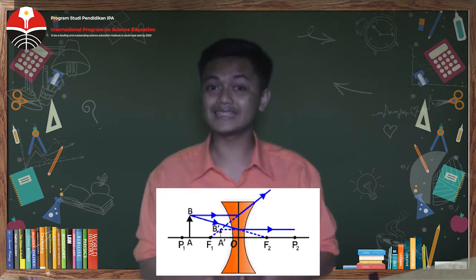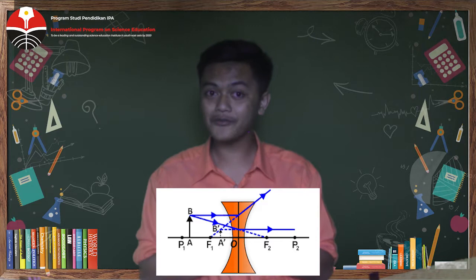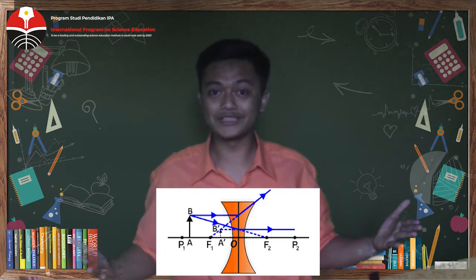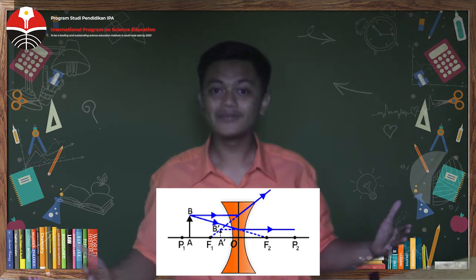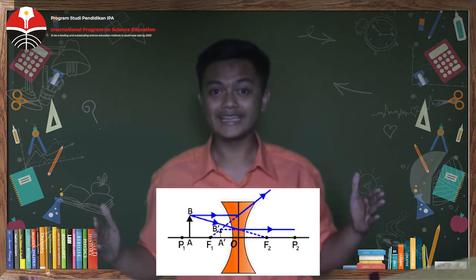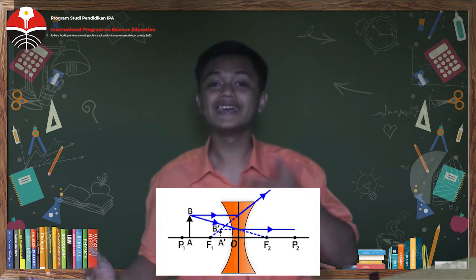Now, the last step, you should state the characteristics of the image formed. What are the characteristics of the image formed in these pictures? Yes, right. The characteristics are virtual, upright, and diminished.